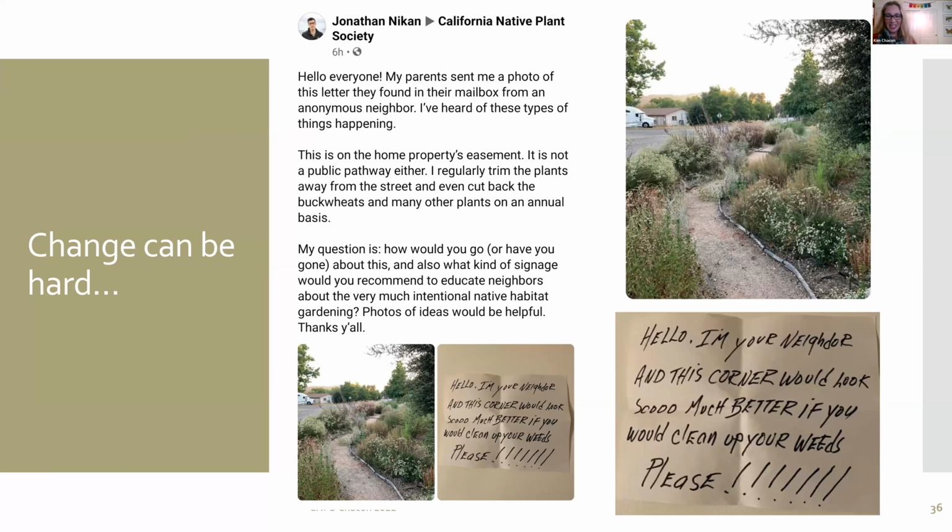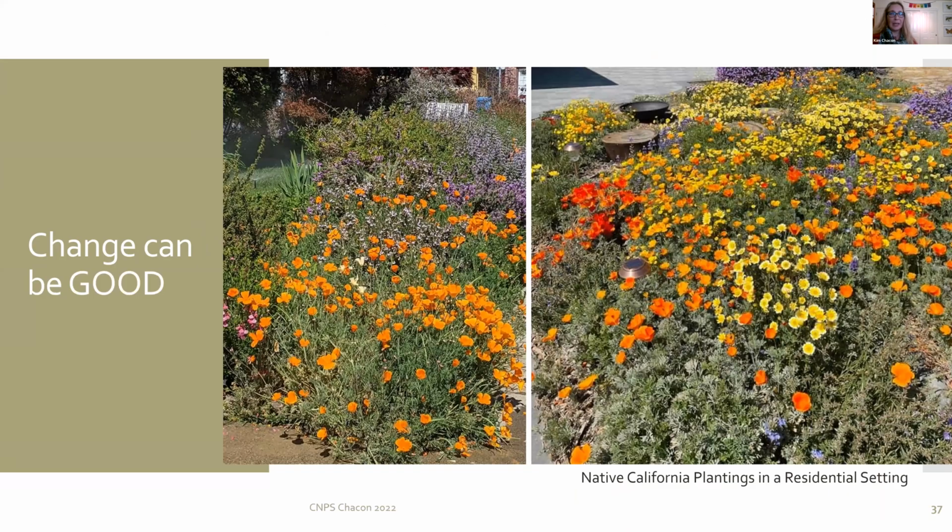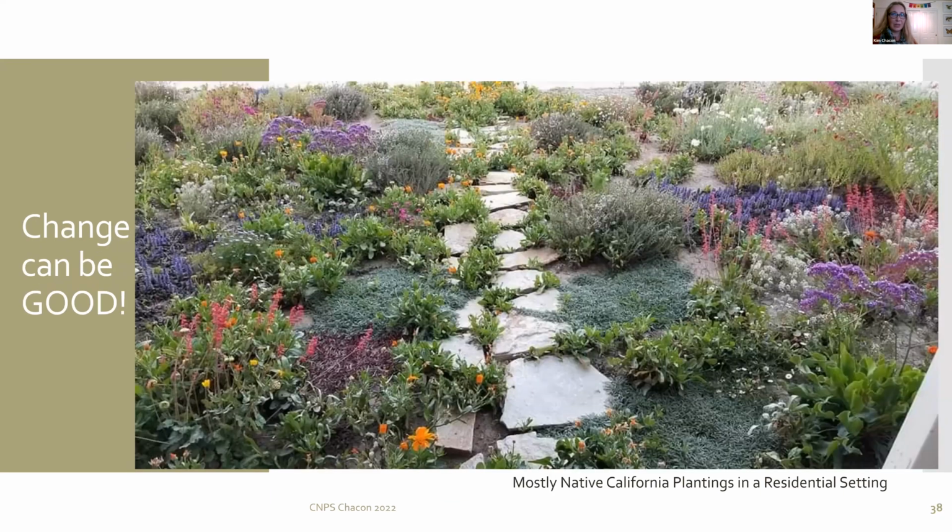Probably you guys saw it too, about people complaining about the aesthetics, not understanding the ecology and the good parts of it. So that is kind of an uphill thing, as you guys have noticed. But my goodness, the more pictures we put out there about how beautiful a native landscape can be, and it is such good habitat too, so much better than just grass.